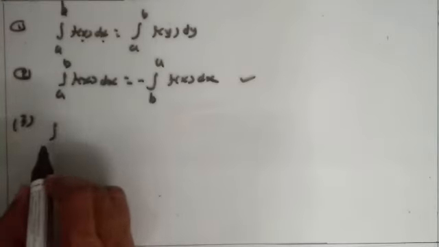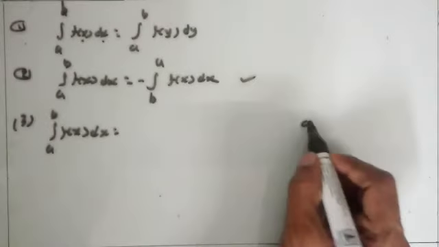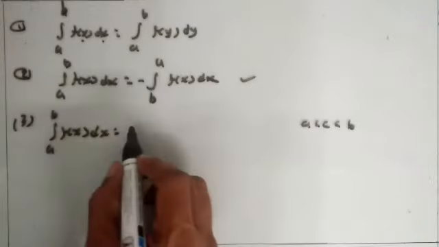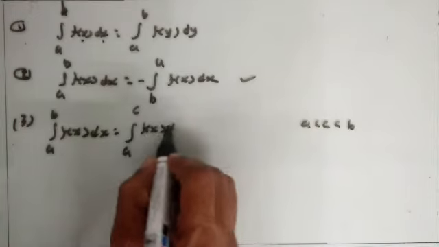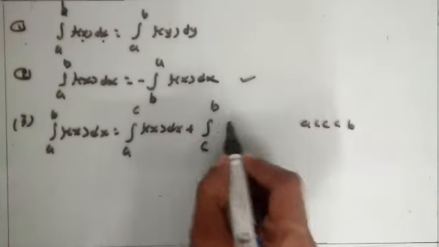Remember this important property. Now third property, integration a to b f(x) dx: if a less than c less than b, then a to b f(x) dx is equal to a to c f(x) dx plus c to b f(x) dx.